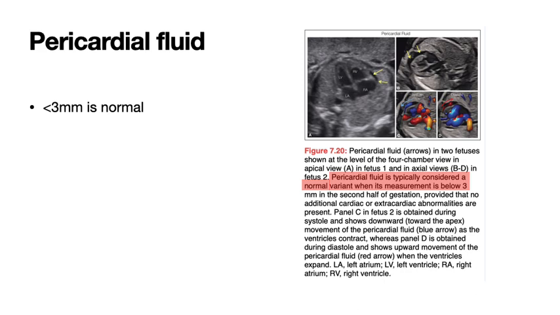You've got lubrication of the ventricle versus the sac. So there's supposed to be fluid in there, and certainly during systole, when the heart shrinks a little tiny bit, it'll show up there. Typically, if pericardial fluid is normal, it is less than 3 millimeters.